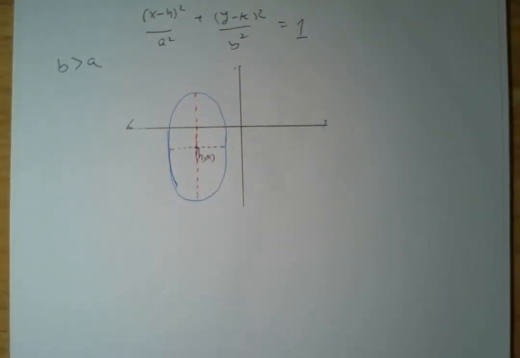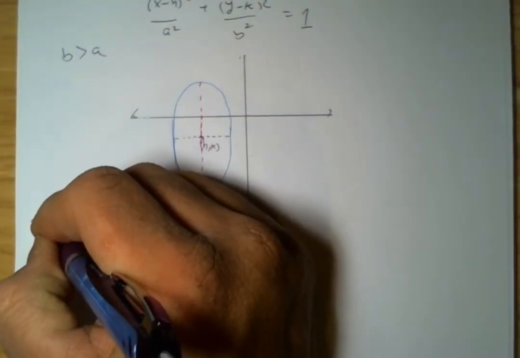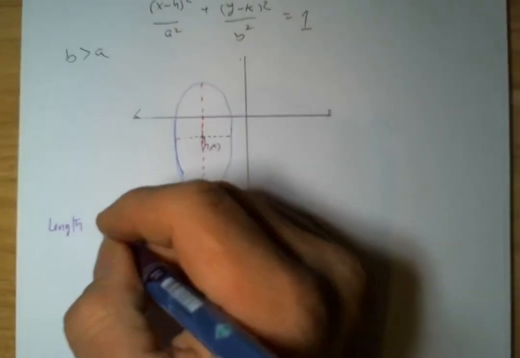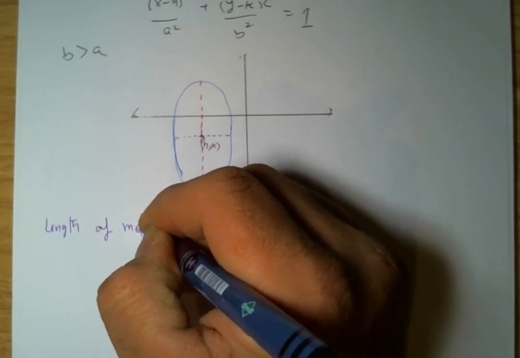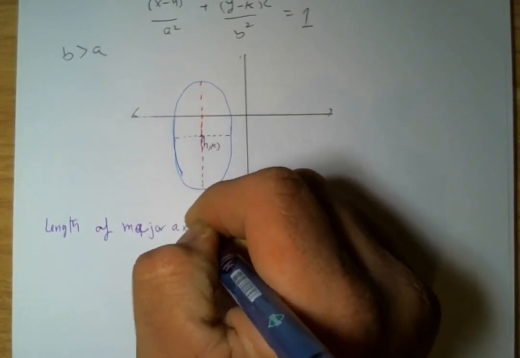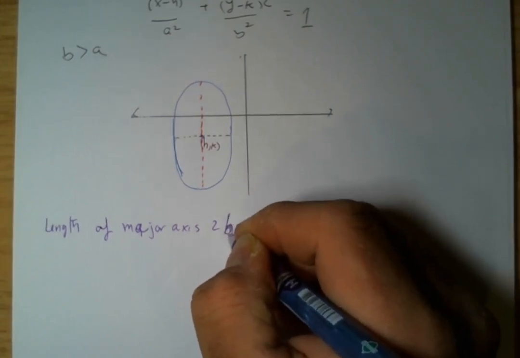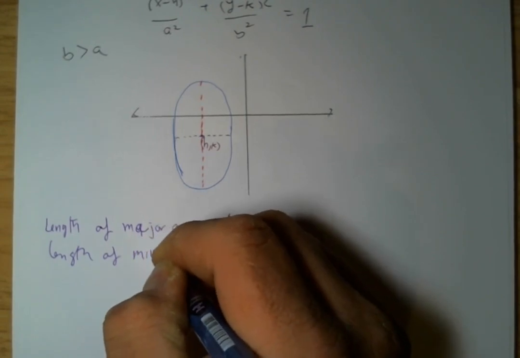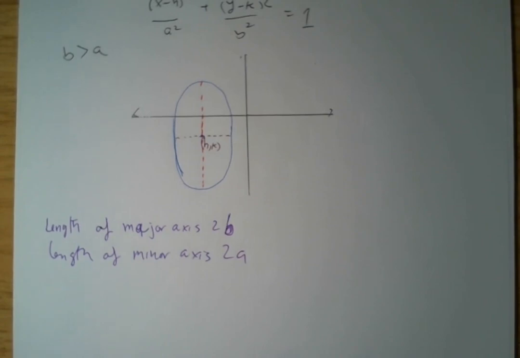Now, same as with our previous example, the length of the major and the minor axes remain unchanged. We're shifting the whole curve. So the length of the major axis is 2b, and the length of the minor axis would be 2a.